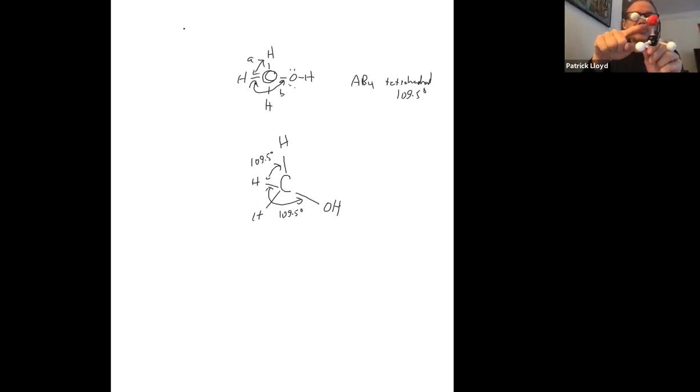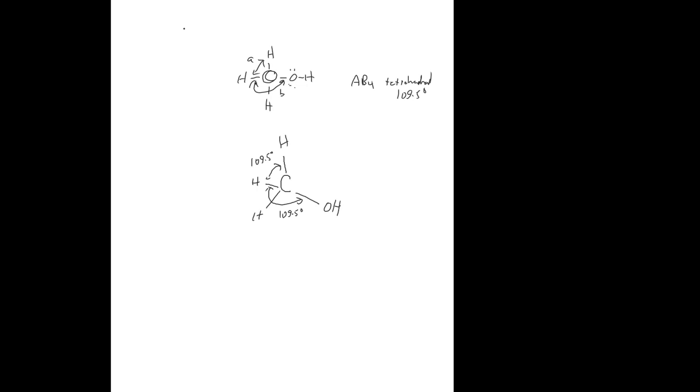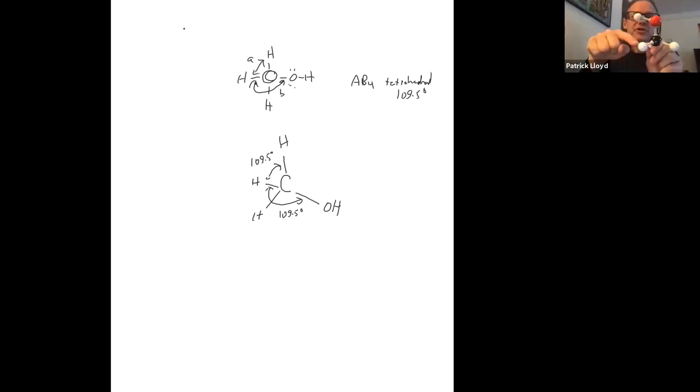Well, that's true. So really what they're saying is go from this hydrogen to this one. But keep in mind, any of these H's all have the same angle with respect to the OH. So it was a trick question. What they were trying to get you to do is go to here and then to there.